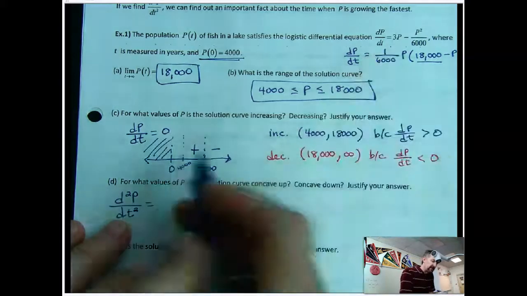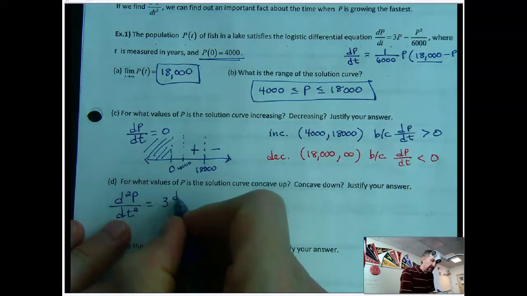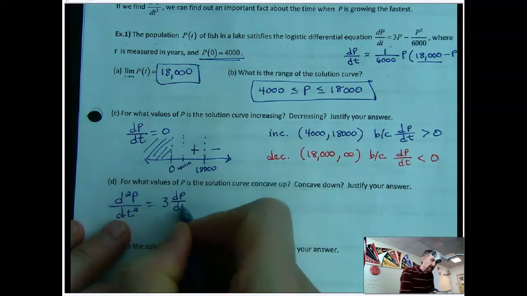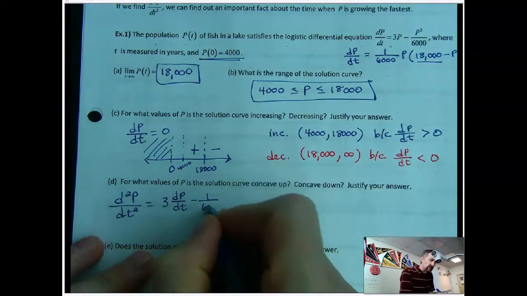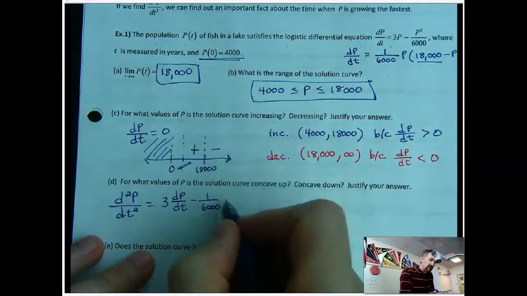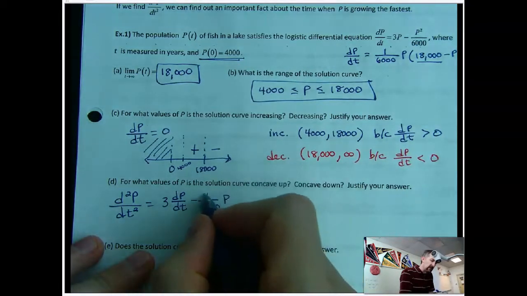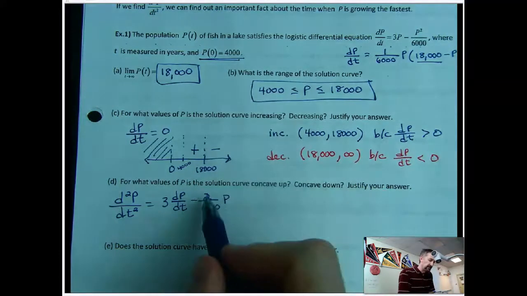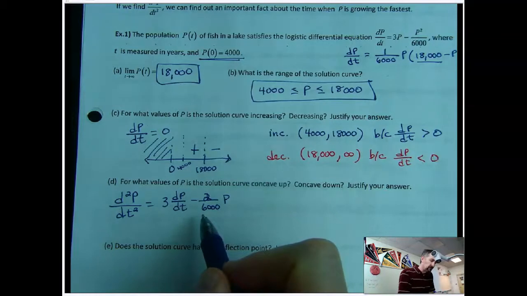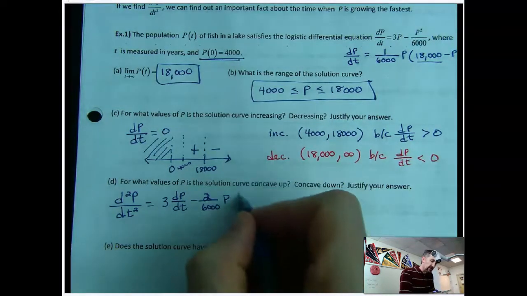So the derivative of that is just going to be 3, but then that's going to be dp dt. And then that is going to be minus 1 over 6,000, and then p, and bring the 2 down, so it's going to be 2, so that's going to be 1 over 3,000. And then that's also going to have a dp dt.